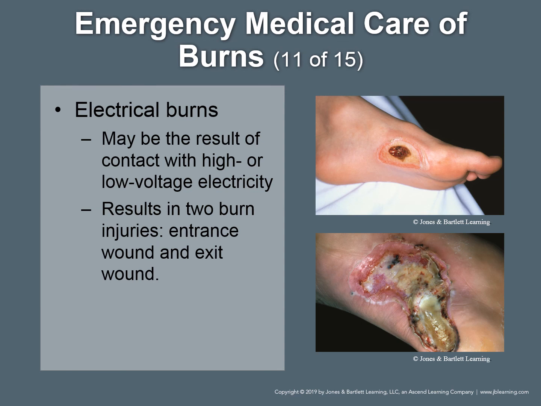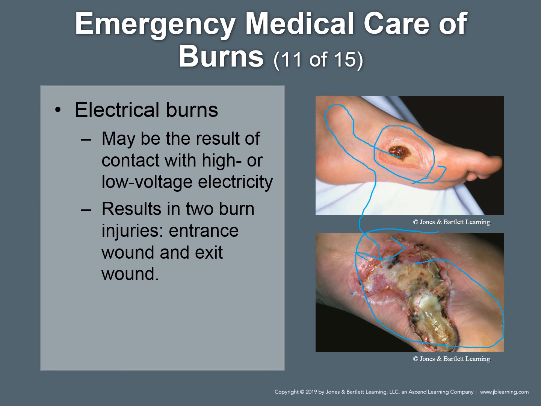Electrical burns. The big thing with electrical burns is you have an entrance wound and an exit wound. Depending on where you were struck at, that may be an entrance, that might be your exit wound. And what happens is that electricity travels through the body until it reaches those specific wounds.